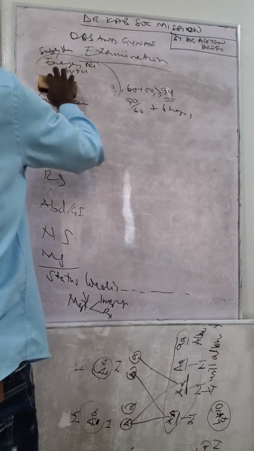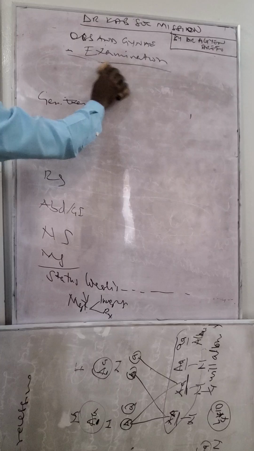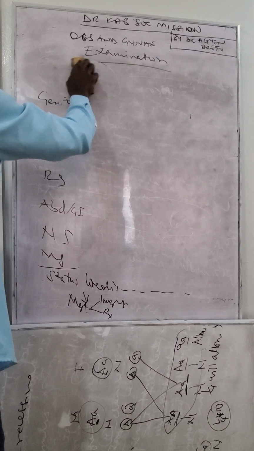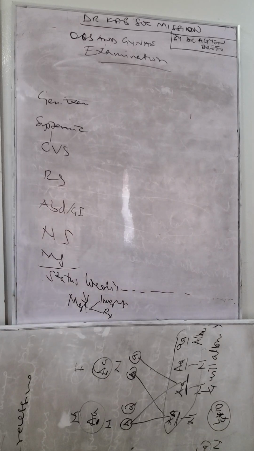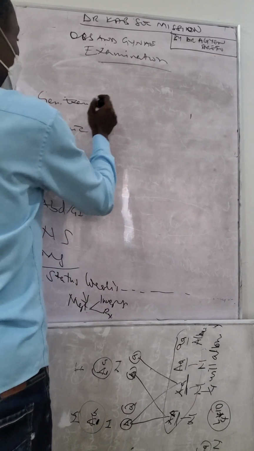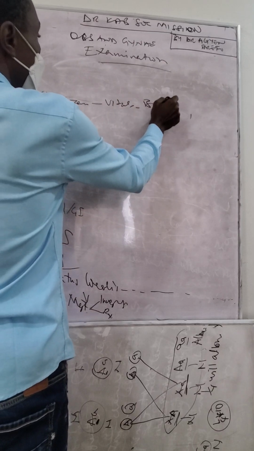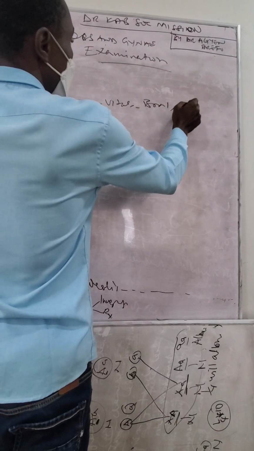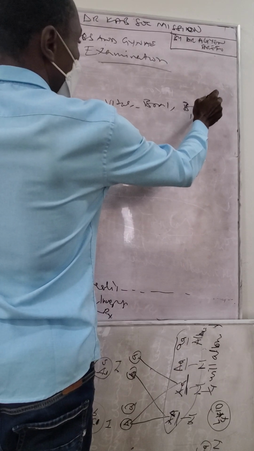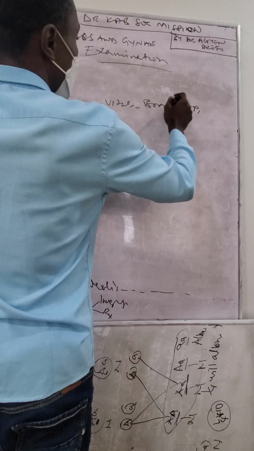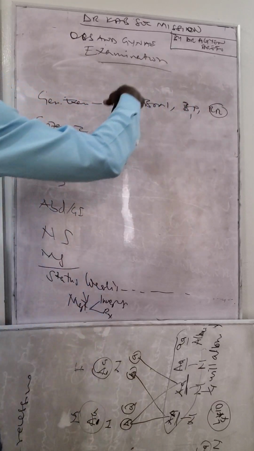So let's go back to general examination. So the general examination, you must always have your vitals there, okay? So your BP, maybe sometimes respiratory rate and other things you put there, but it depends.